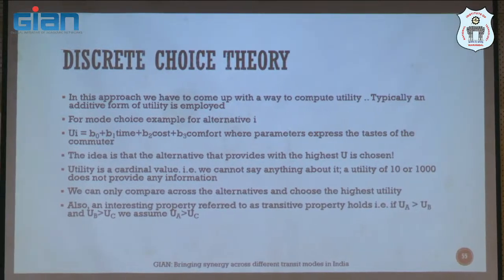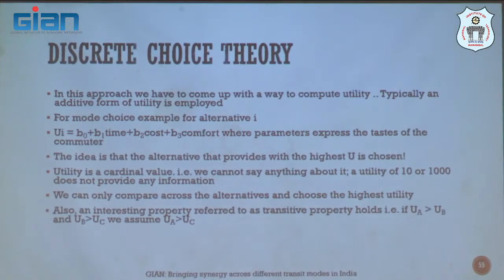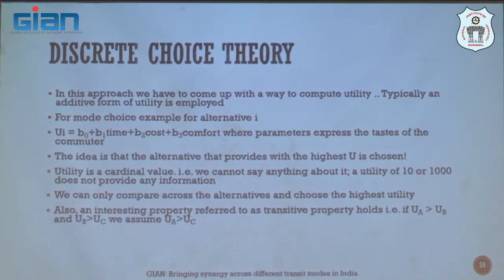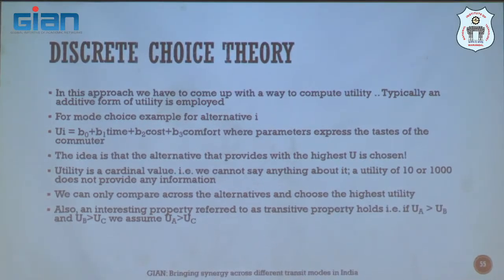Sometimes people will say they prefer one to the other in two things, but that doesn't necessarily translate to them preferring A to B and A to C. So it might be violated in some scenarios, but in our assumptions, because of the mathematical nature of what we're doing, we assume the transitive property.